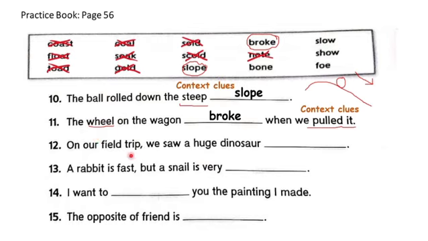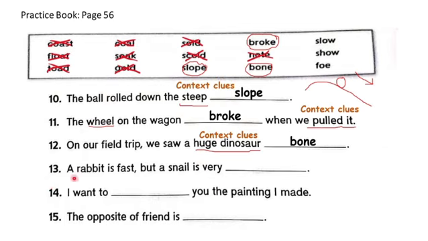What did you see on the field trip? We saw a huge dinosaur. We still have the words bone, show, slow, and faux. So the answer is here. We have the words huge dinosaur. These are the context clues. What do we find from the dinosaur in your opinion? Bone. Excellent. So the answer here is bone.